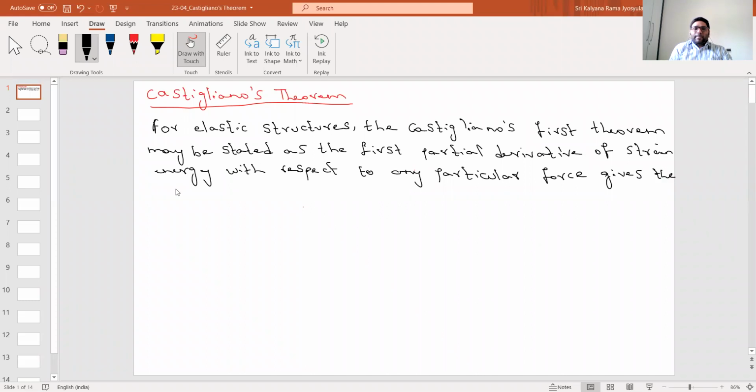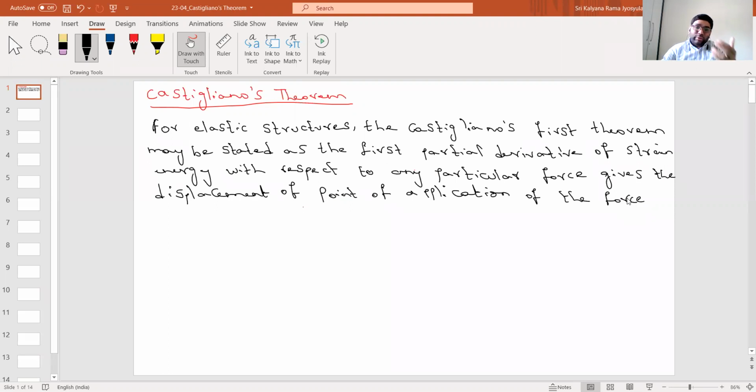It gives the displacement of the point of application of the force. Okay, now we need direction also, right?